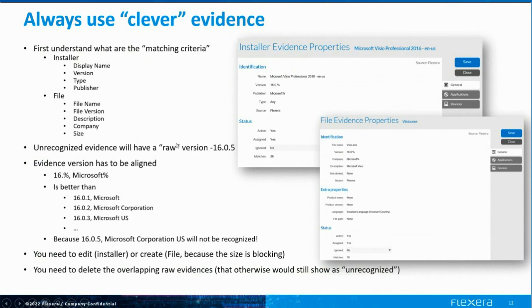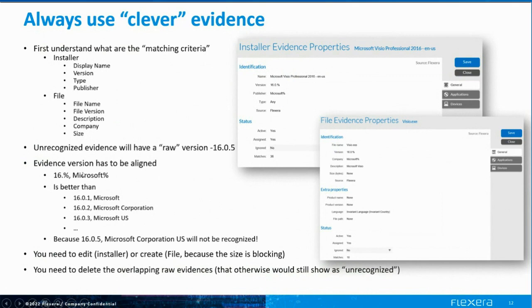So in the end, to create a clever evidence, you need to understand what will be used by the ARL recognition script. These are the fields you should focus on. Typically, an unrecognized evidence will have a raw version, 16.0.5, for instance. And the clever evidence is the one that is aligned with the application normalization. So let's say you have Visio 2016 Professional, which is technically 16 dot something.